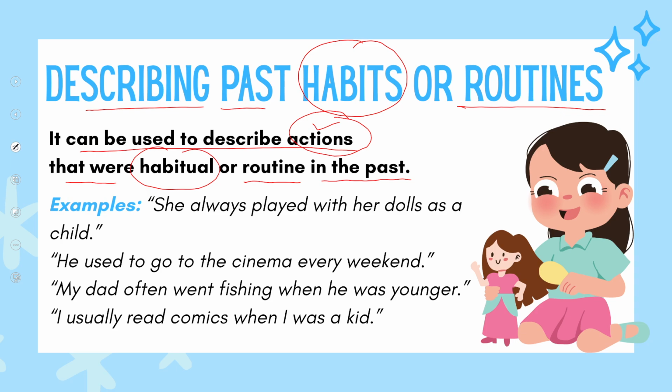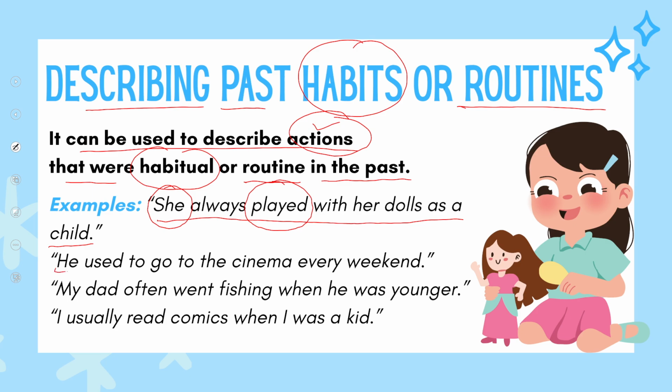Like, she always played with her dolls as a child. Now, this is a habit or a routine of the girl who used to play with her dolls as a child. You can see that the form of verb here is the past form.